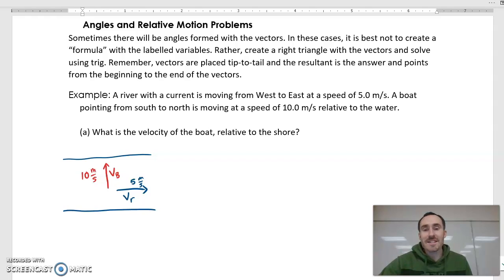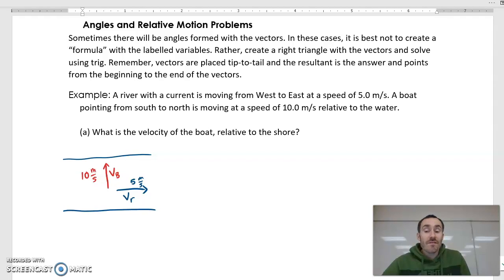So there isn't a good formula, like we did in the previous section, that makes a chain of relative velocities to get your final answer here. That's not the best way of doing this, because you're going to find yourself getting confused. So you can use the exact same method we just used above to figure out the velocity of the boat relative to the shore, but that's maybe not the best way to think about it.